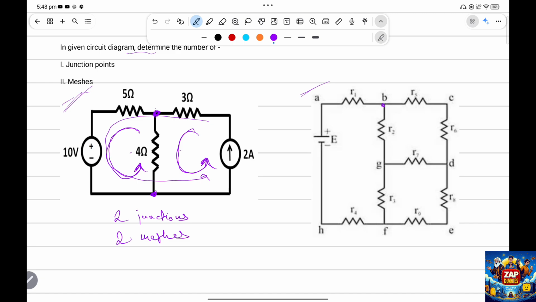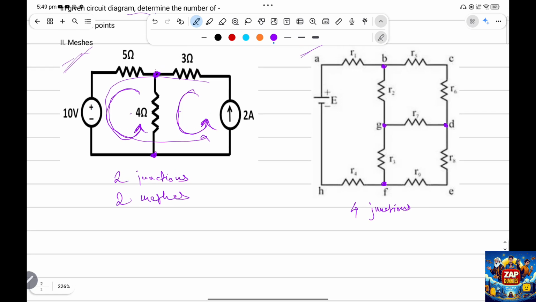So first, B is a junction point. Then we have G as a junction point. Of course, D is a junction point. F is a junction point. Right. So we have four junctions. There are no more junctions, so it has four junction points.